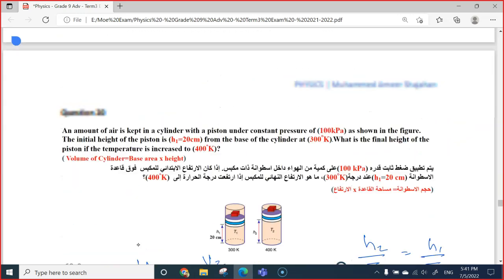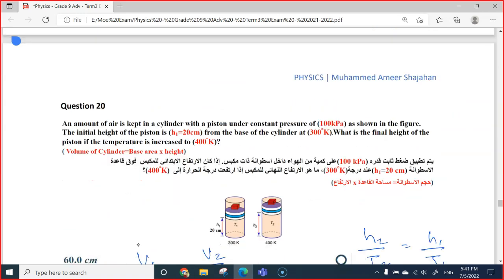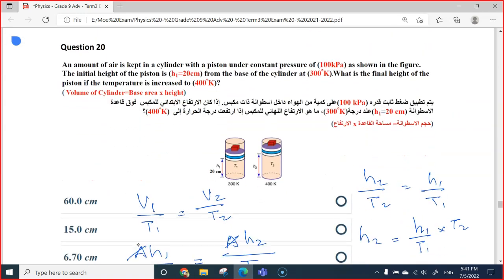So here what is the value of the initial height? You can see it is given here, 20 centimeter. Initial temperature is 300, final temperature is 400.